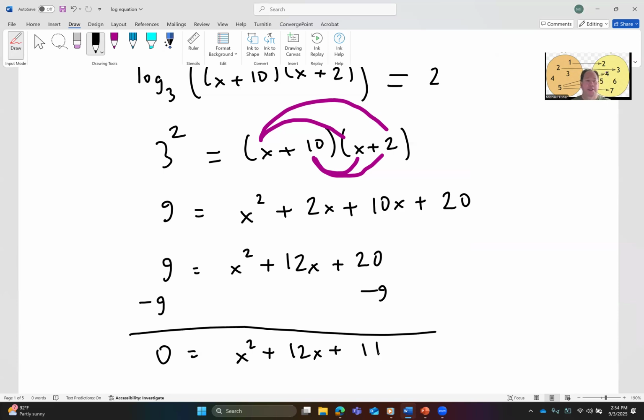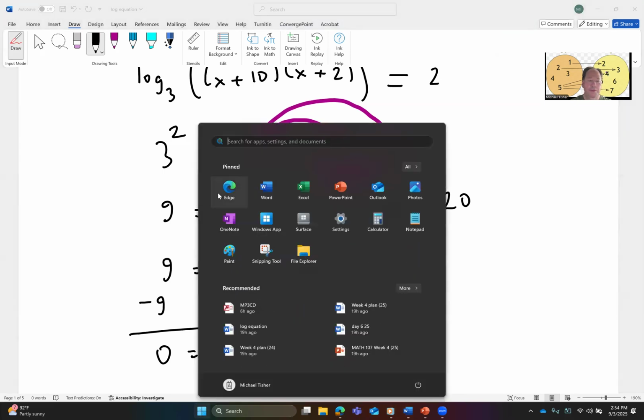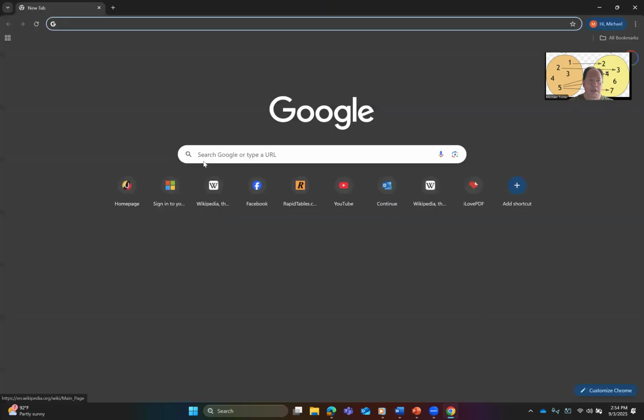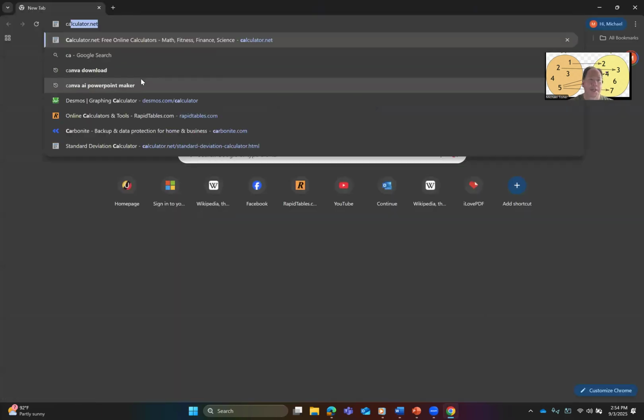All right. Now, there's a nice quadratic formula calculator online. So let's get that one to help us. All right, there's one at calculator.net.